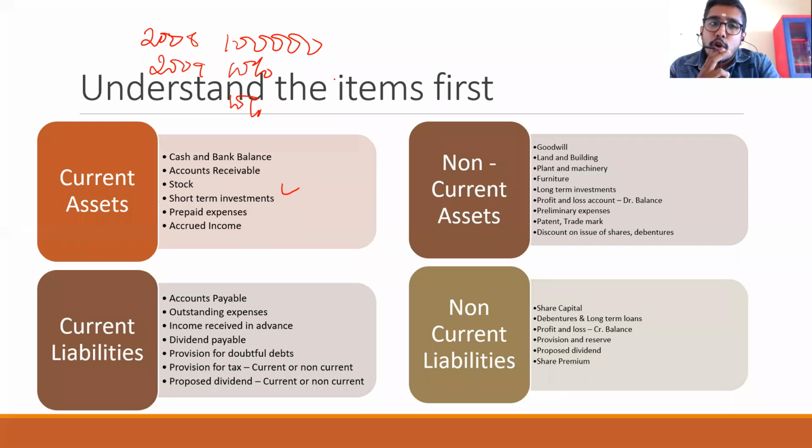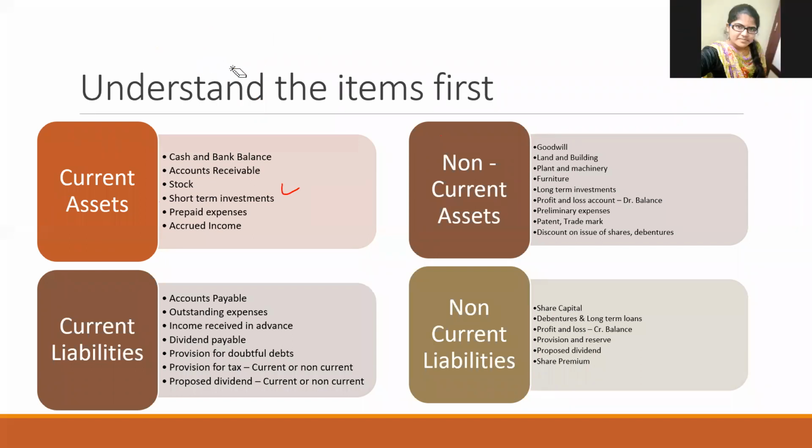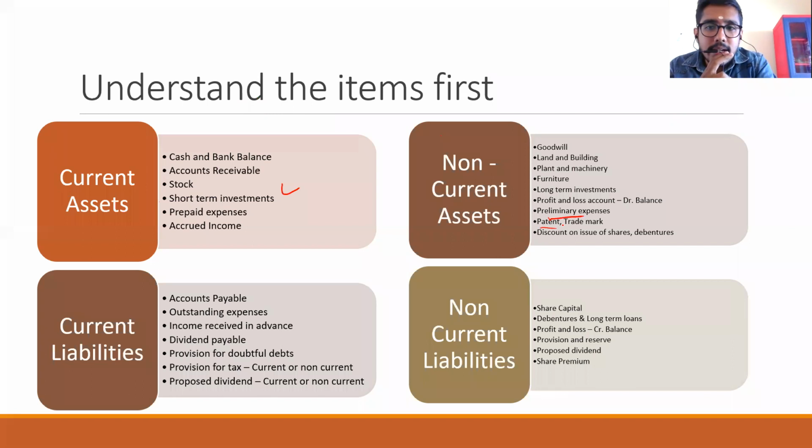Writing off means reducing that amount from the real amount. We will reduce that amount from the balance sheet, as well as show it in the profit and loss account. So preliminary expense, next one patent and trademark, and last one discount on issue of shares and debentures.